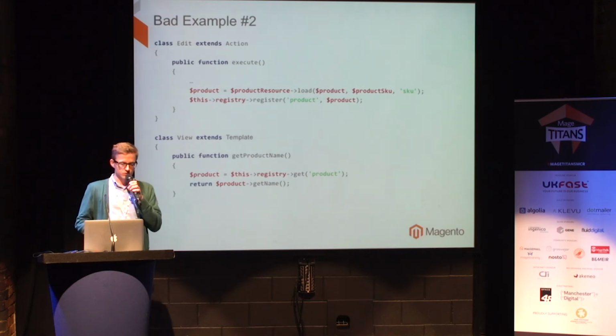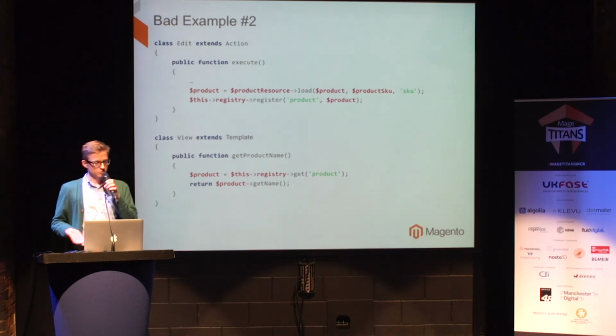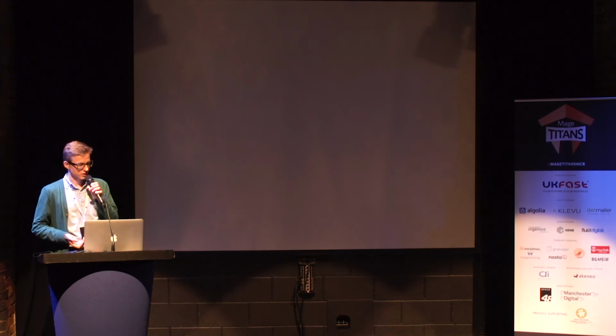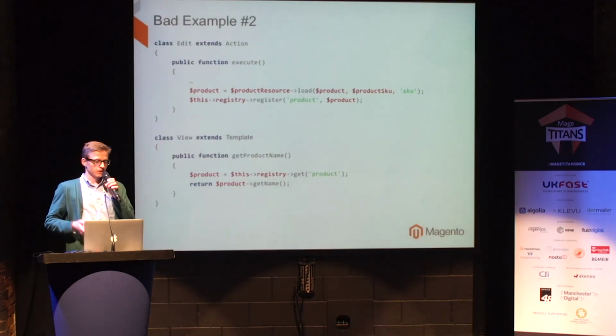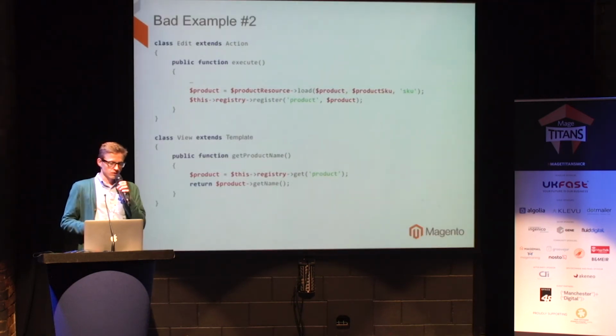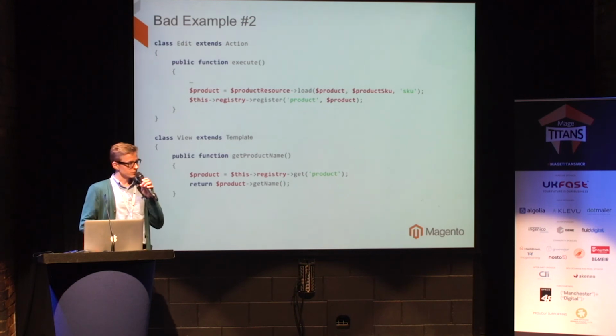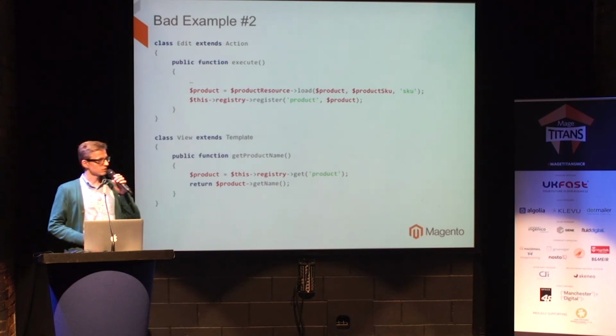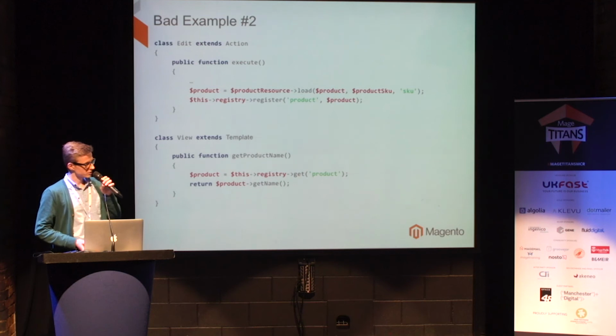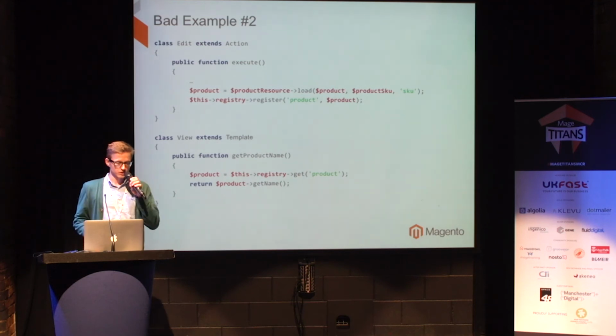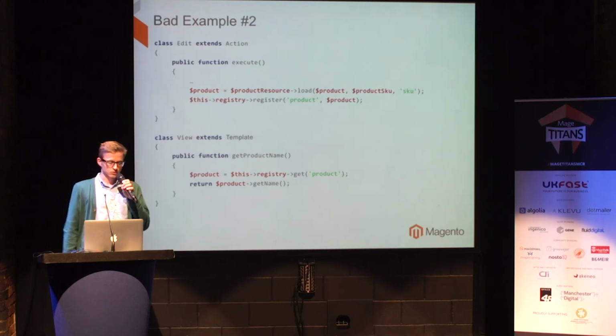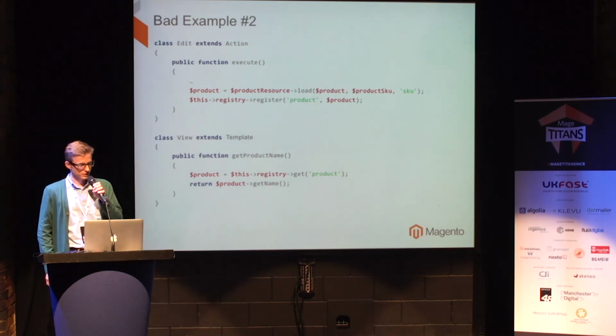The problem with this code is that if for some reason we forgot why we put the product in the registry in the controller and remove that line, our view will break. Or if we decide to reuse this view in some other place that is rendered by controllers that don't put the product in the registry, the view will not work. So this code is also not very reusable.